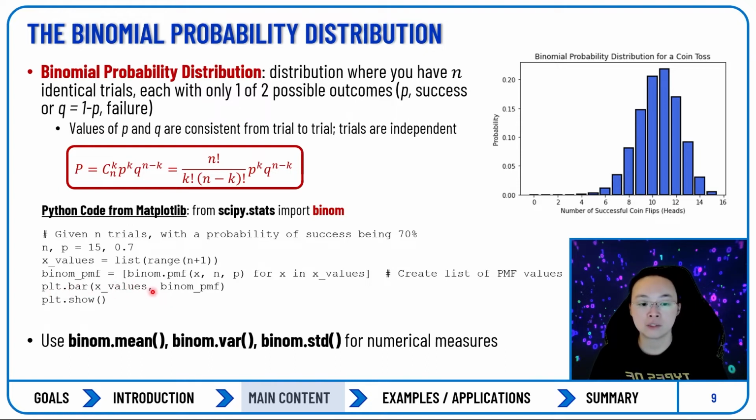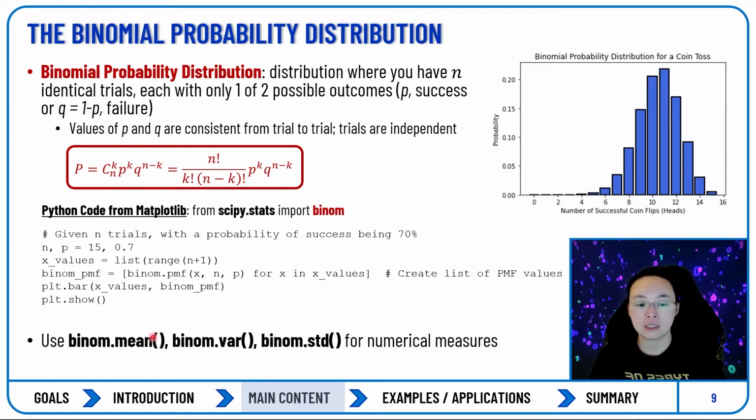You have x values as well as a list of all the corresponding PMF values for each of these. So based on this, you get a distribution that looks like a binomial distribution. From there, you can add in several more functions.